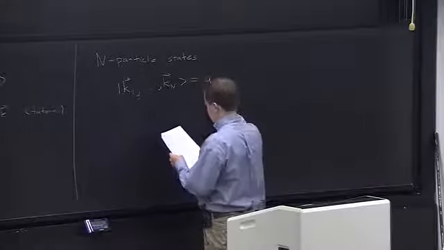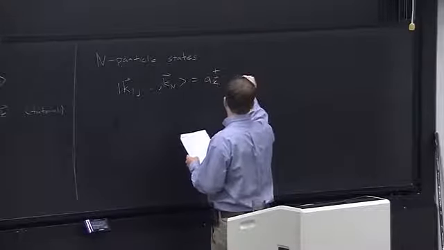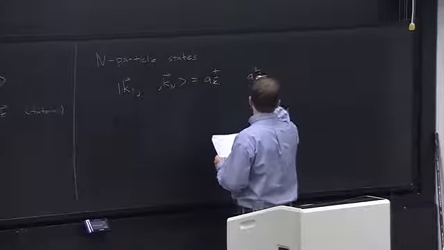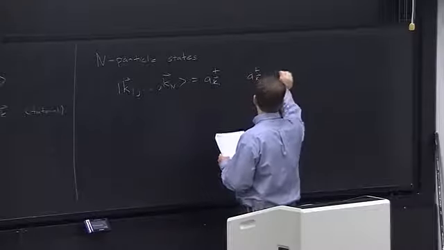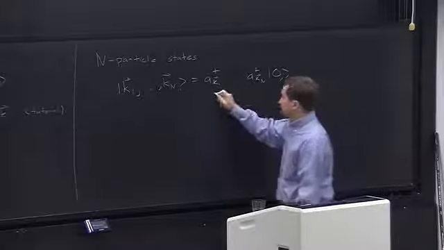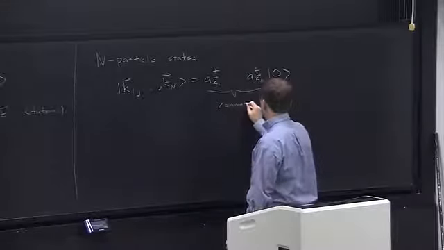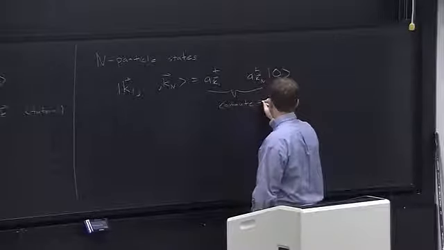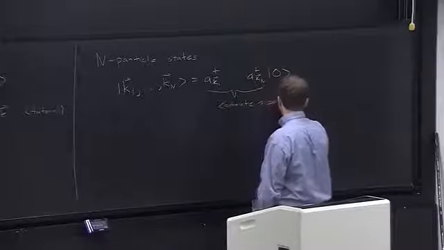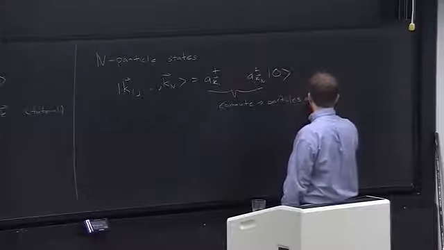This is just a shorthand notation for a dagger k1 up through a dagger kn, acting on the vacuum. And since these creation operators commute, that tells us that the Klein-Gordon particles are bosons.